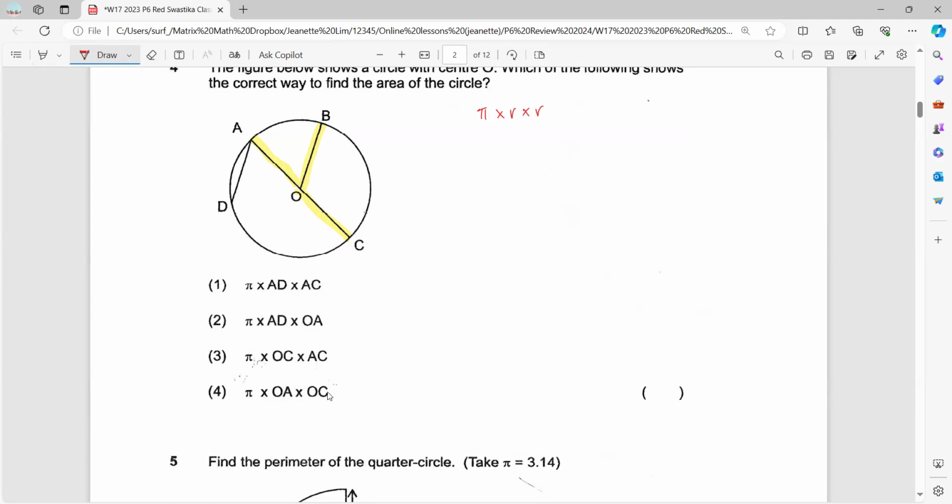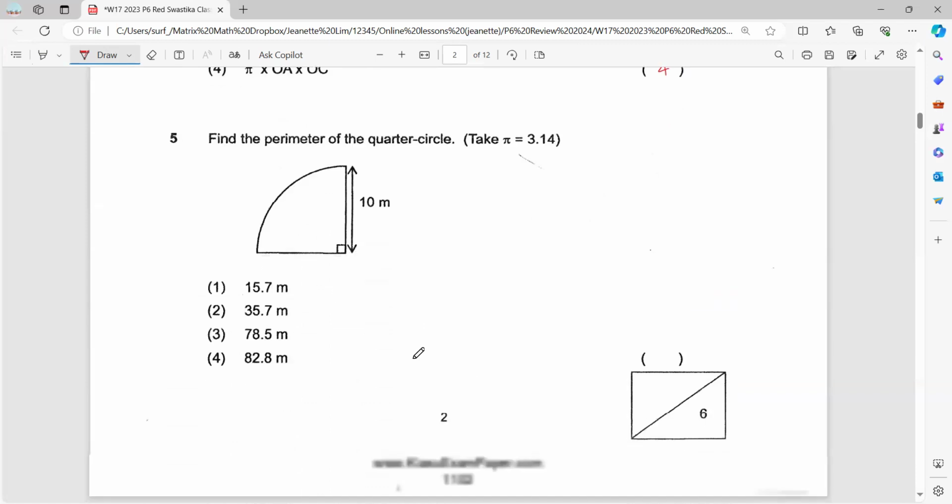So find the area using pi times r. That is option 4. Everything else, AD is not a radius because it's not passing through O. AD no. Then AC is the diameter, so also wrong as well. Okay, so that's how you identify the radius.